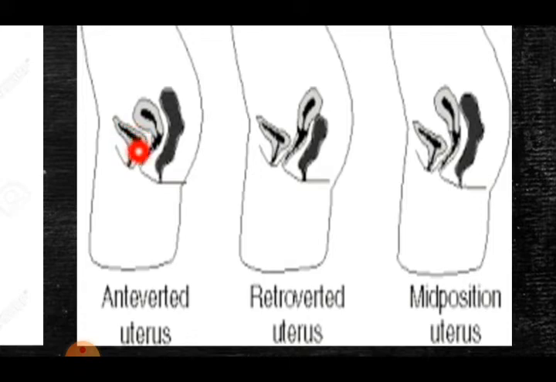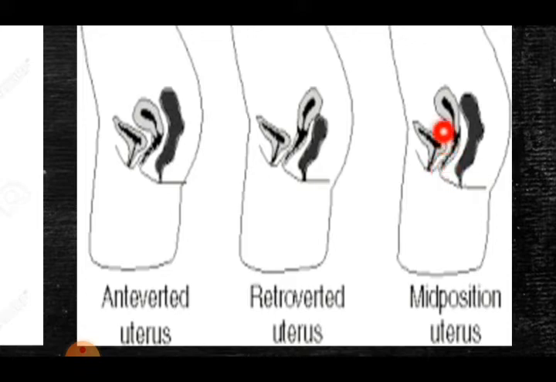If the uterus is bent backwards, or it points towards the spine, or it points posteriorly, then this is an anatomical variant, and we call this position the retroverted uterus. And if the uterus lies in the midline, then we call it the mid position uterus.